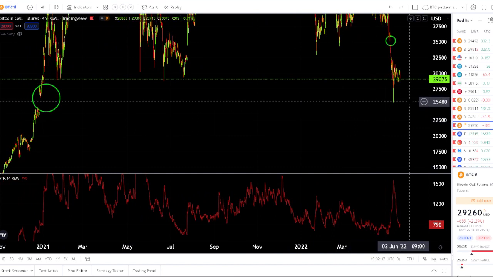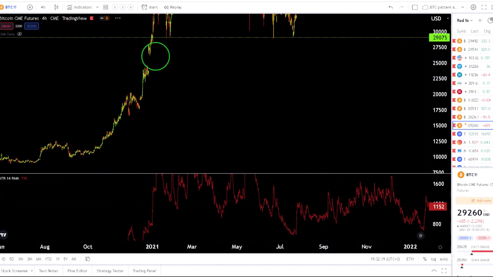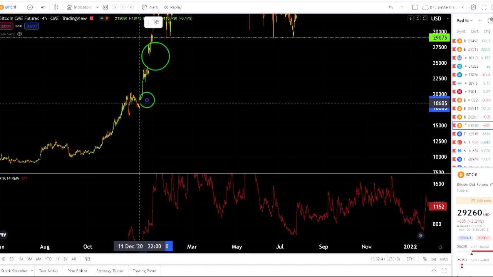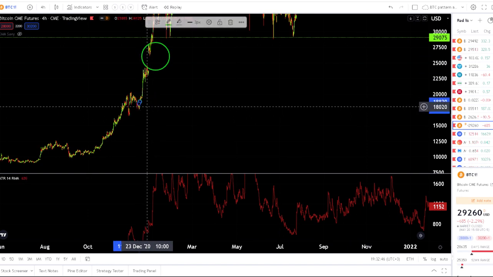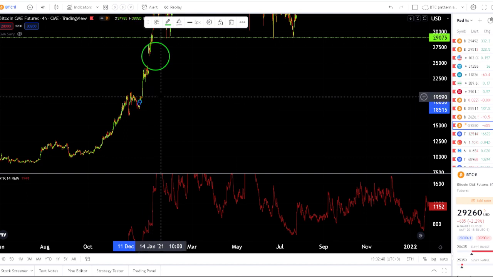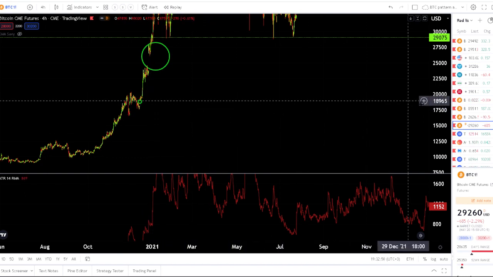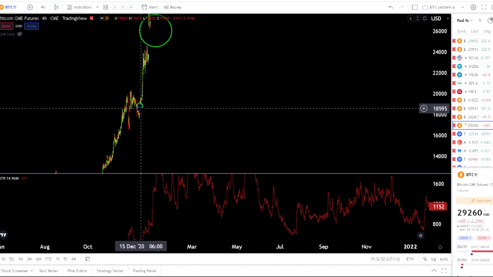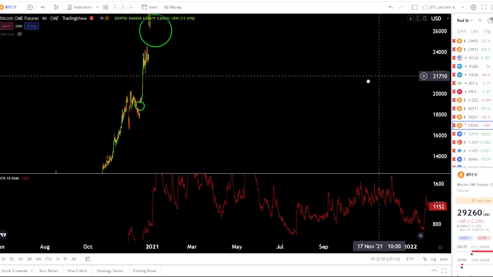We filled maybe more than half of it. And we have another gap down here at around 19k. These gaps don't have to be filled. Some gaps are never filled, but it's just something to watch out for.